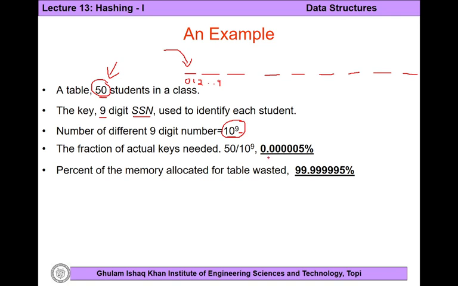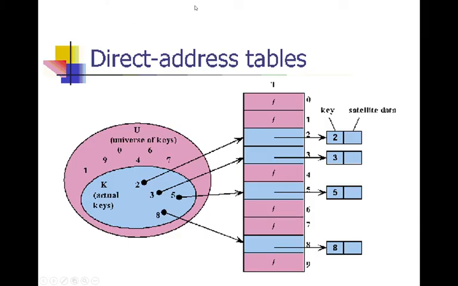It means that only 0.000005% of the social security numbers are going to be stored, and 99.99995% of the space is going to be wasted, provided we opt for the direct addressing table, right?